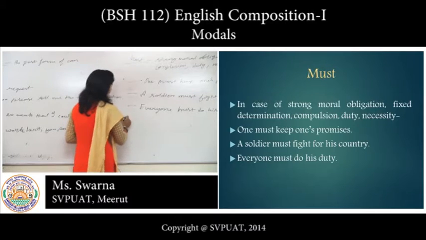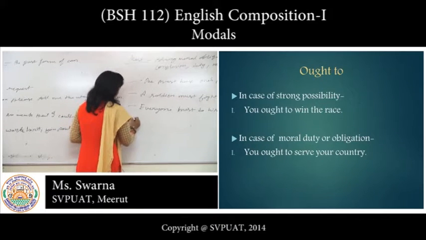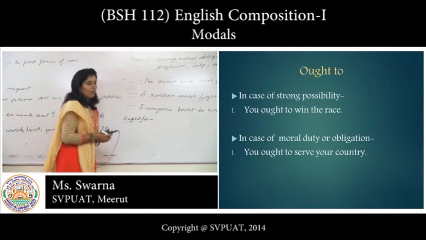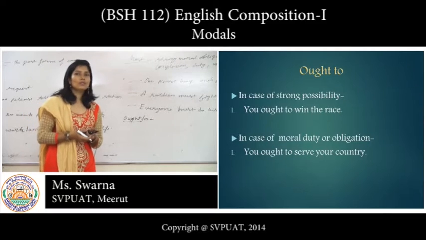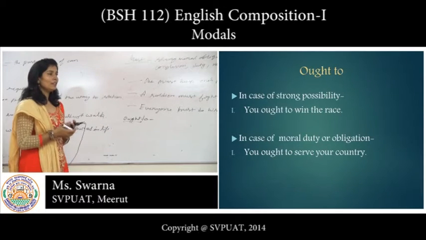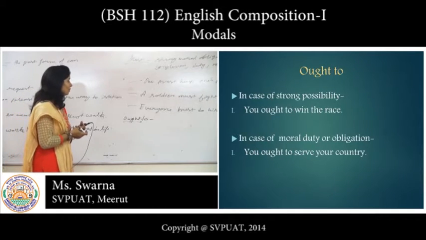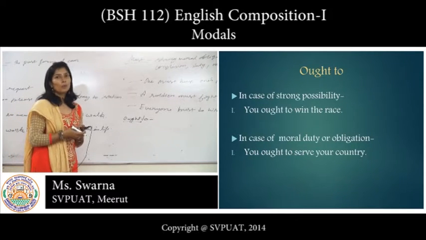And another modal is ought to. We use ought to interchangeably with should or with must, but there is a difference between these uses of modals.